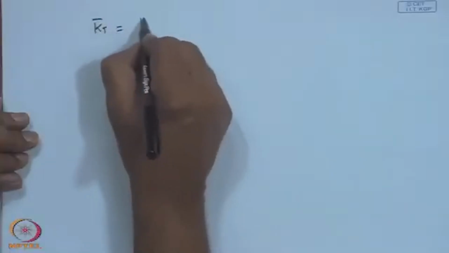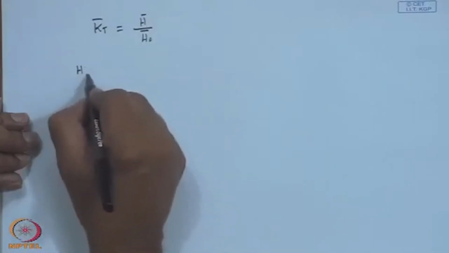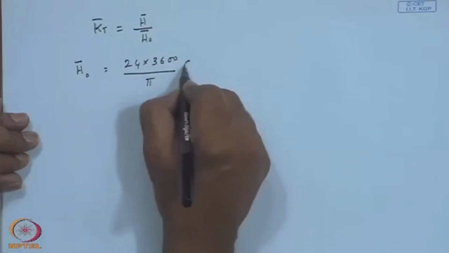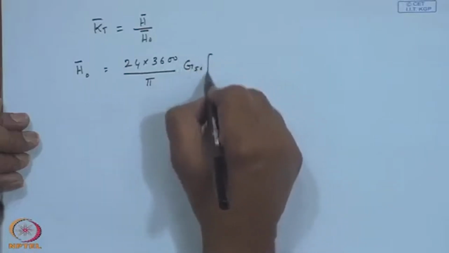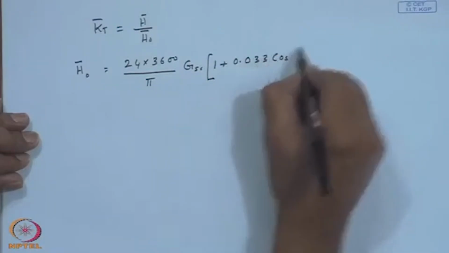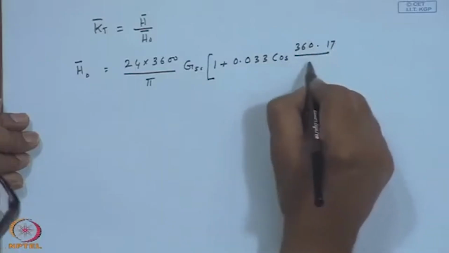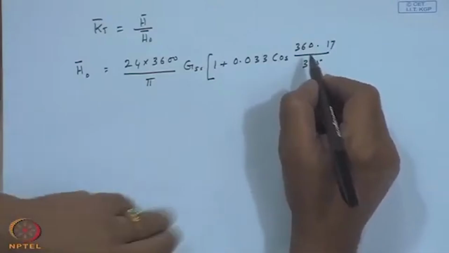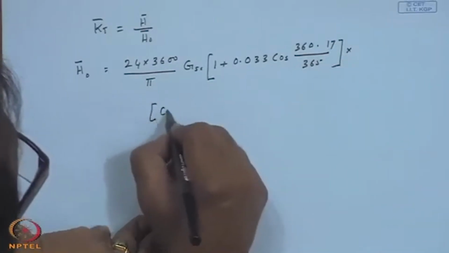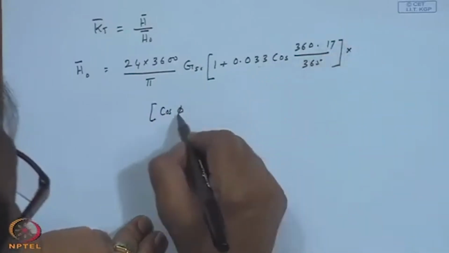K t bar is h by h 0 bar, h bar is known to us 6.69, h 0 bar is 24 times 3600 by pi GSE times 1 plus 0.033 cos 360 times n is 17 by 365 multiplied by cos phi. This is 284 minus 344. Okay.